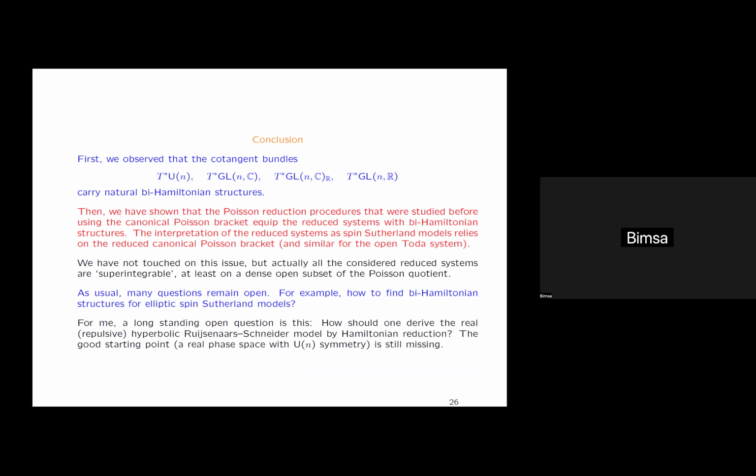Just to summarize: first we observed that these four cotangent bundles carry natural bi-Hamiltonian structures. Then we have shown that if we take Poisson reduction of these structures, these Poisson reductions were studied previously for the first bracket.